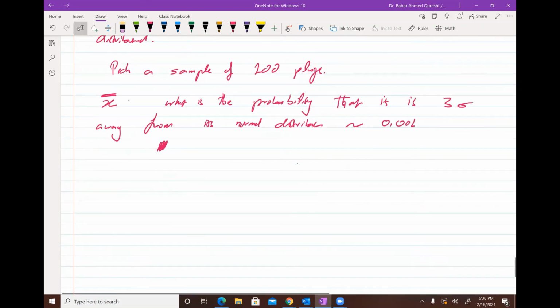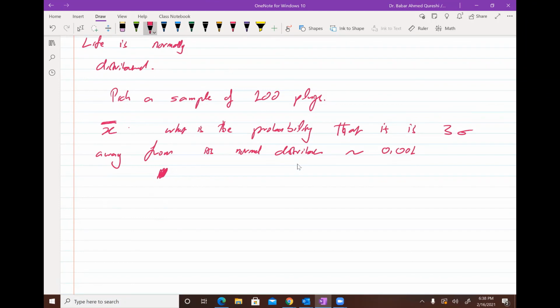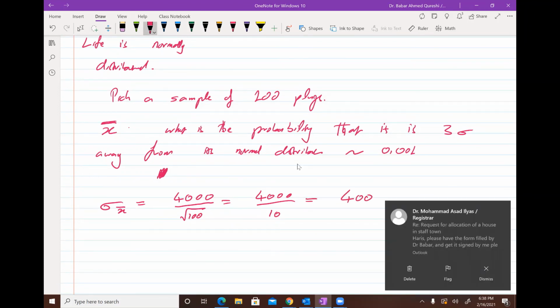But what is 3 sigma in this case? You know that sigma of x mean is whatever the company claimed as the standard deviation of the spark plugs divided by the square root of the sample size. So it's 400. So what does that mean?